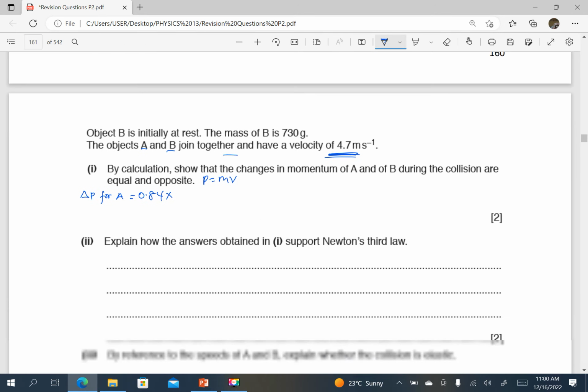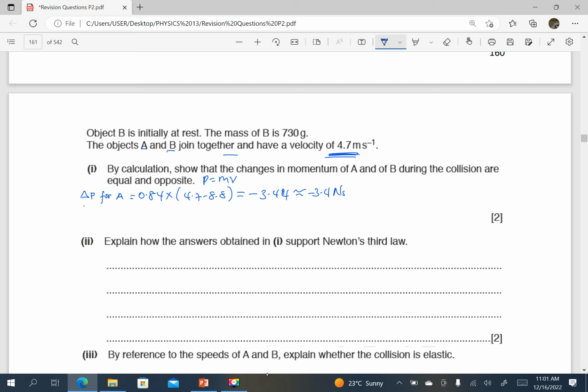So its change in momentum is going to be, starting with the final velocity, 4.7 minus 8.8. When I press my calculator, 4.7 minus 8.8 times 0.84, this is giving me a negative 3.44, which is approximately negative 3.4 Newton seconds to two significant figures.